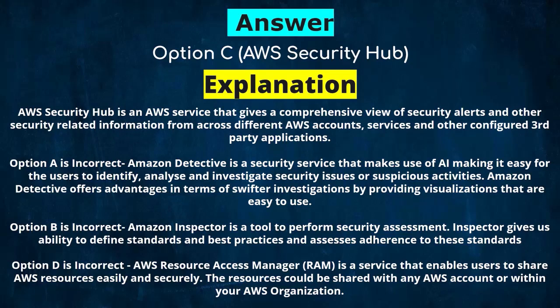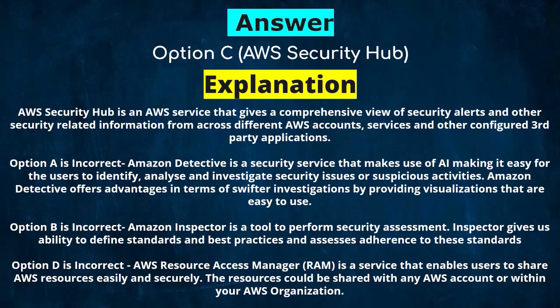Option A is incorrect. Amazon Detective is a security service that makes use of AI, making it easy for users to identify, analyze, and investigate security issues or suspicious activities. Amazon Detective offers advantages in terms of swifter investigations by providing visualizations that are easy to use. Option B is incorrect.